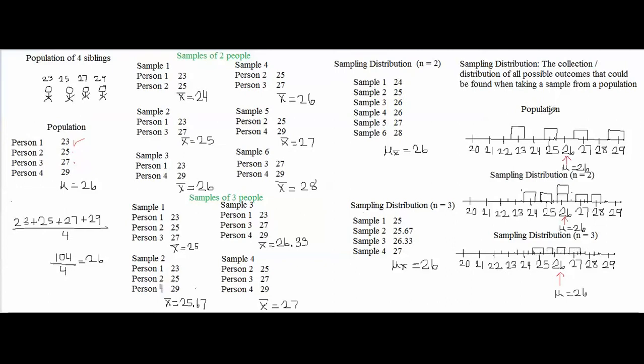So overall, the population has the most spread. The samples of 2 people have less spread, and the samples of 3 people have the lowest spread of all. So as we go from here to here to here, we're getting less and less spread.